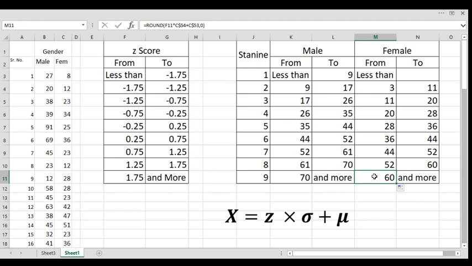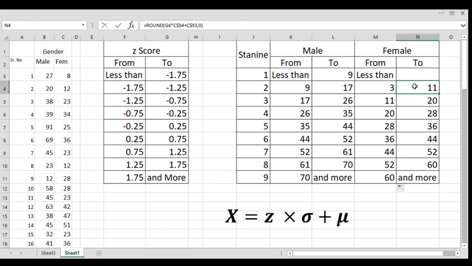In this way, the starting point of 9th stenine for female is found in terms of X, it is 60, and we have to find here the ending point of first stenine for female. For that, we have to just make the cell under that particular cell active, and that cell is N4.